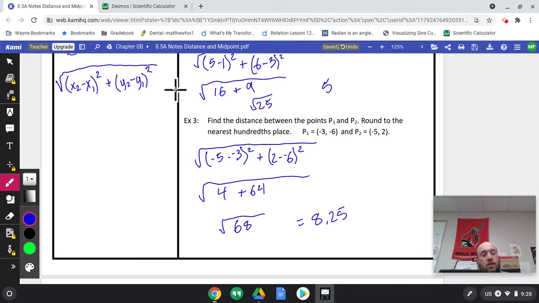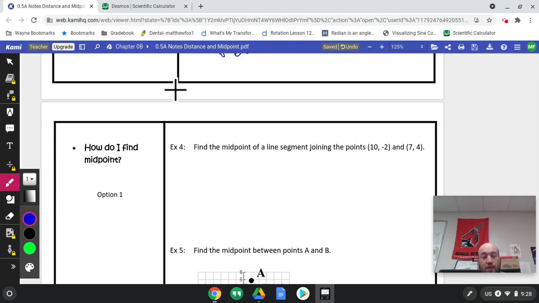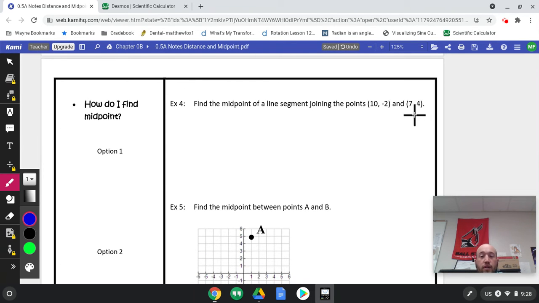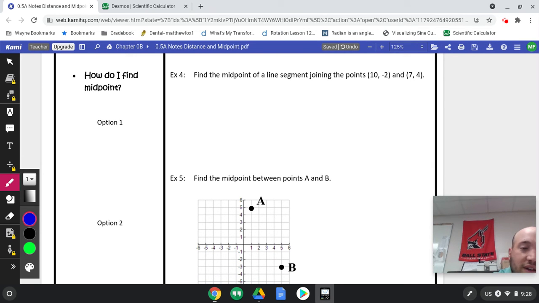Okay, now the other thing we're talking about today is how do we find the midpoint between 2 points? So if we have the point 10, -2, and 7, 4, there's a couple ways we can think about this. The first way, you can think of it as you have your 2 points, x1, y1, and your x2, y2.